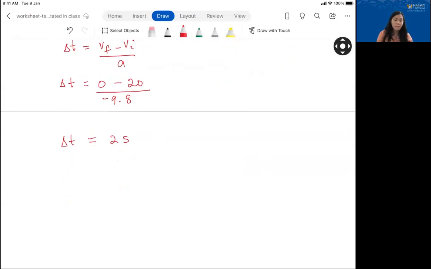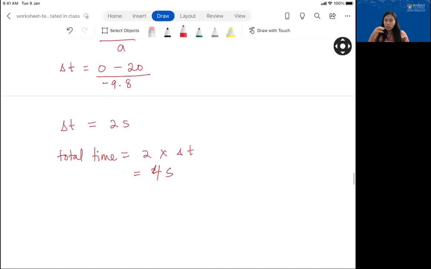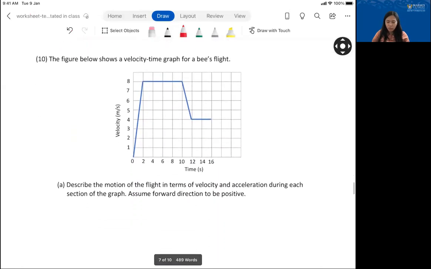That's why VF is equal to 0, because we're just looking at the going up motion. But the problem asks for the time for the entire duration. So total time should be 2 times delta T, or 4 seconds for the entire trip. Right? So that tells you the time it takes to go up is equal to the time it takes to go down. That's why we just multiply by 2.